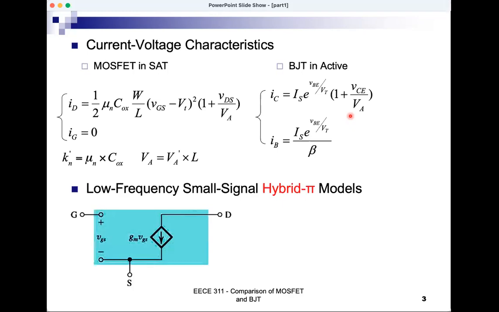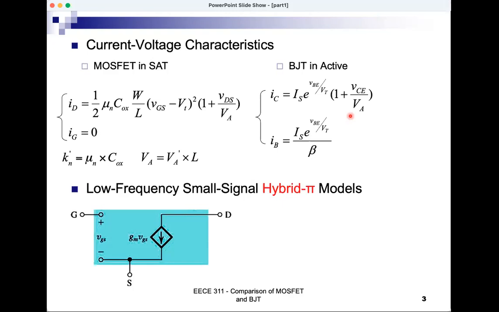And if we do that, then the model of the MOSFET, as far as signals are concerned when they are small, so that's the small signal model, would be just this control source, a voltage controlled current source. So there is a gm vgs, and that's, as you can see, a linear expression. gm times vgs, no square, no exponential, no cubic terms. So gm times vgs, and this will be the current flowing in this control source.